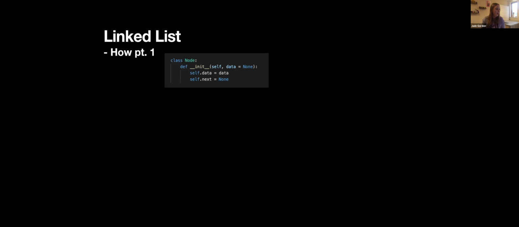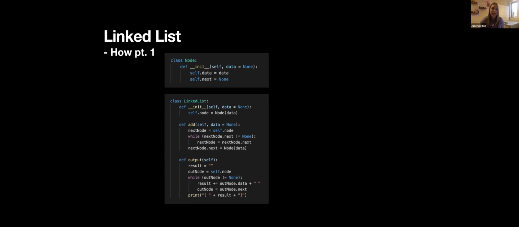So yeah, just a bit of code snippet here. We have a node class, a very simple one that has the data and the next. And then here we have our linked list. We create our linked list with some optional data, and we create an instance of the node for that. And that is the head of the linked list.